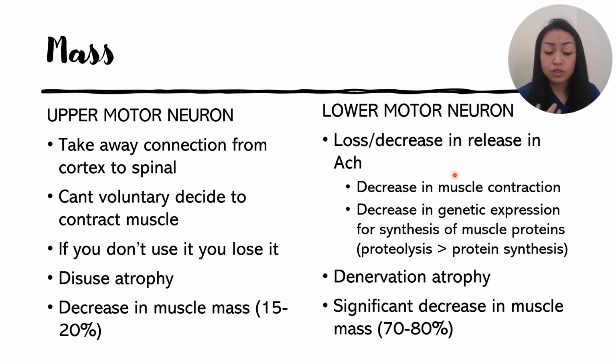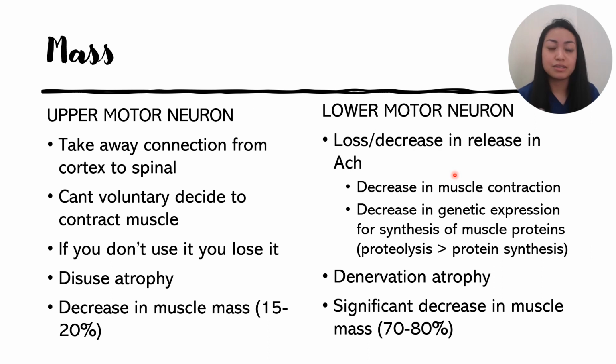So, if we have less acetylcholine, we have a decrease in the genetic expression for the synthesis of specific muscle proteins. And you know that there's a balance between protein synthesis and proteolysis.